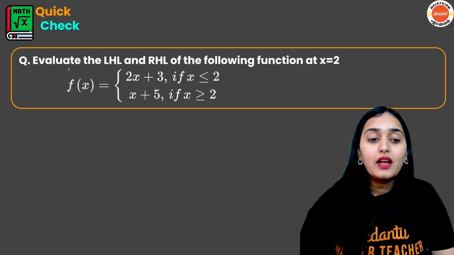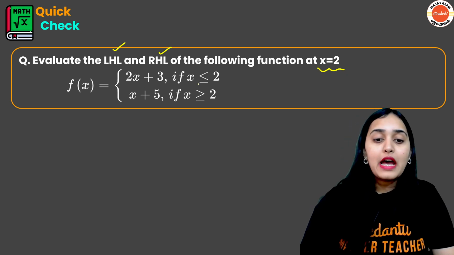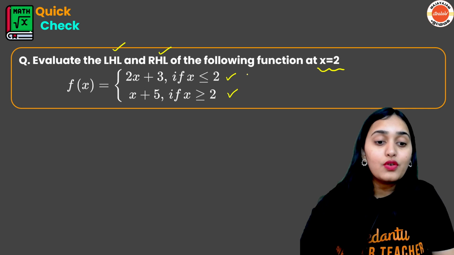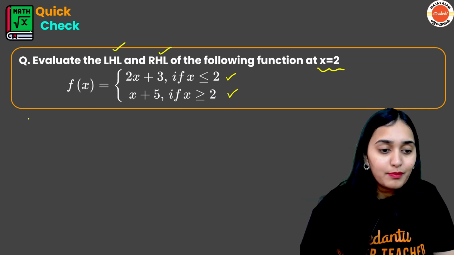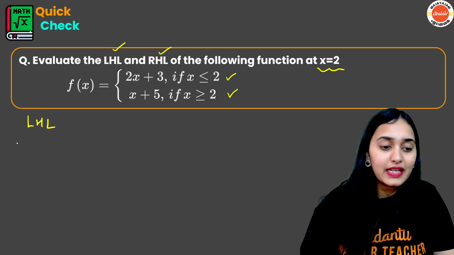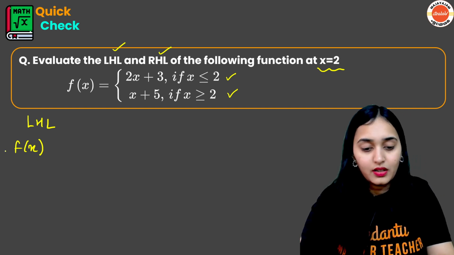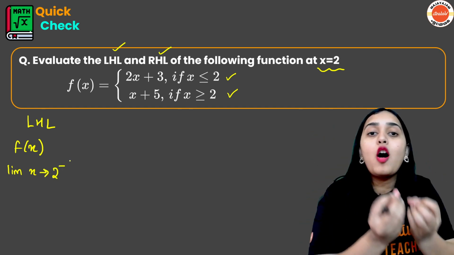They ask you, evaluate the left hand limit and the right hand limit of the following function at x is equal to 2. Now we can clearly see here that for less than 2 and for greater than 2, the function is defined separately. Okay. Now I will simply say that the left hand limit is basically the value of the function where limit x tends to 2 minus, that means smaller than 2.